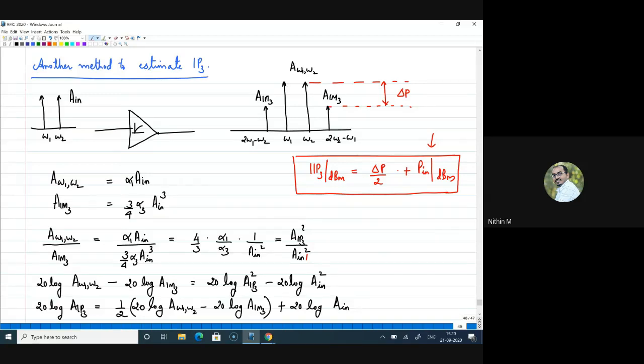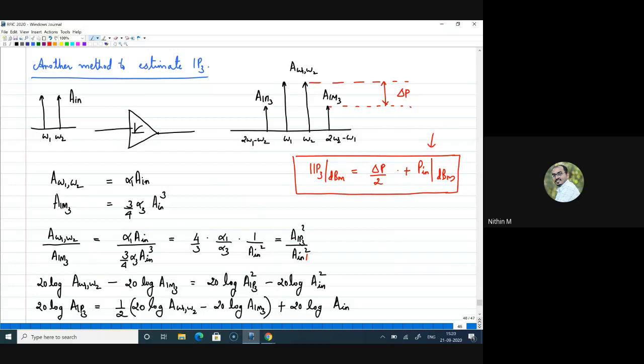Today, when we design an RF circuit, we have efficient tools. Now I will show how we arrive at the IP3 value of a particular system.